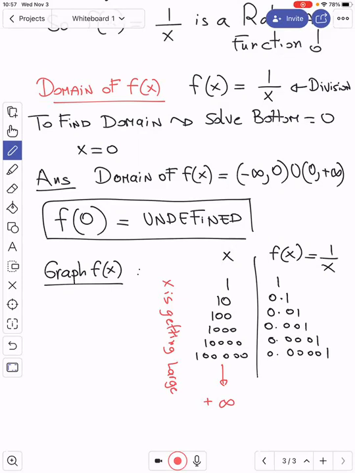And on the other hand, the values of the function f, as you can see, are getting very, very small, right? 0.1, 0.01, 0.001, etc. As you can guess here, they're approaching zero. They're getting very, very small, right? So the values of f are getting very small.